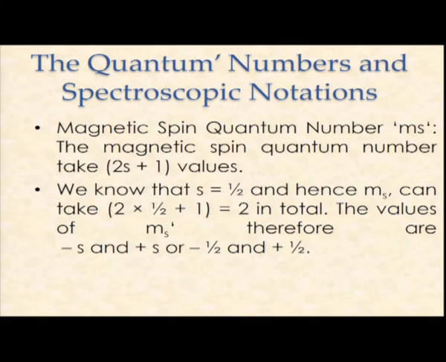The next quantum number is the magnetic spin quantum number, ms. The magnetic spin quantum number can take 2s plus 1 values. We know that s is equal to half, and hence ms can take 2 into half plus 1, equal to 2 values in total. So, the values of ms are minus s and plus s, or minus half and plus half.